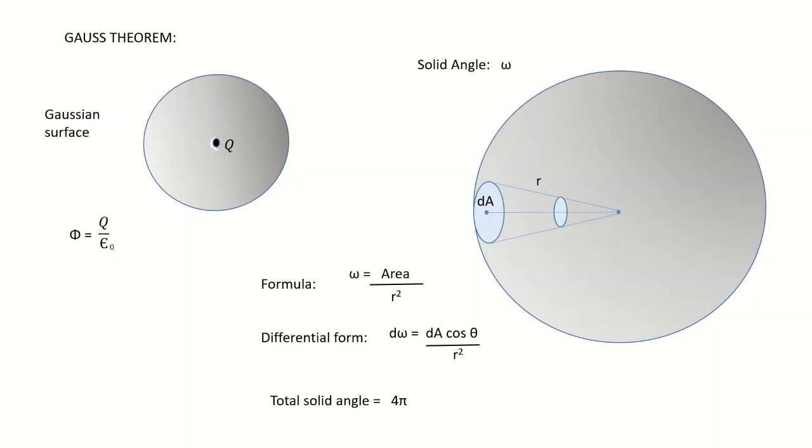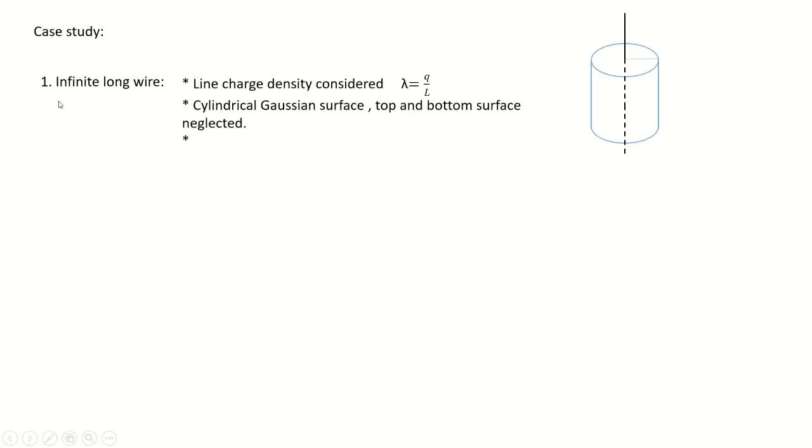Now we are going to study a few applications of Gauss theorem, which will be a few special cases, like a case study. First, we are going to consider an infinitely long wire. So this is an infinitely long charged wire.